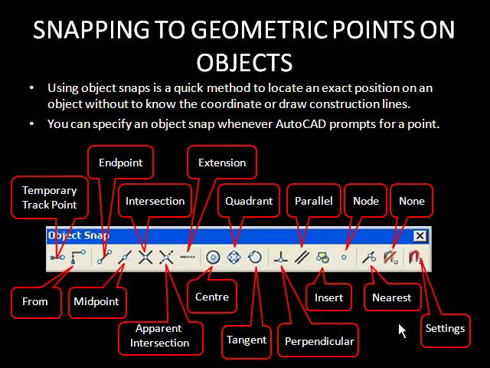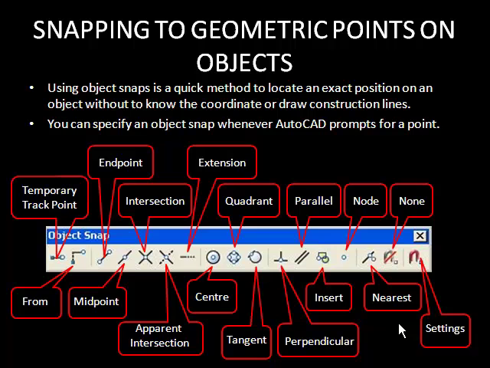Using object snaps is a quick way to locate the exact position of an object without drawing construction lines, without knowing the coordinates. You can specify an object snap whenever AutoCAD prompts you for a point. Here we can have a quick look at the object snap toolbar.